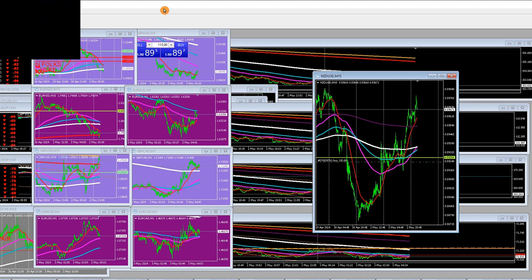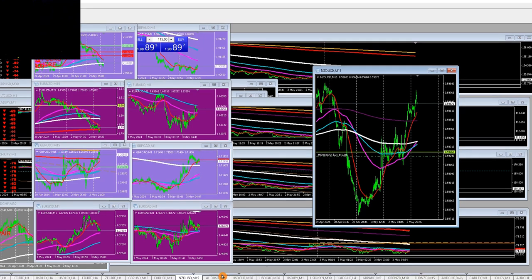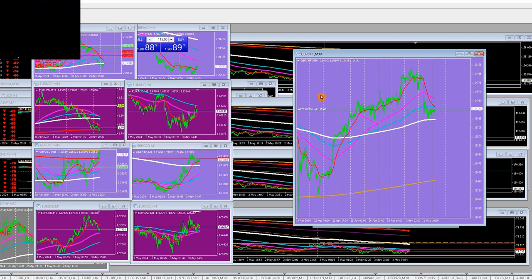Where is the pound Swiss? Here it is. We need a better price than that anyway.